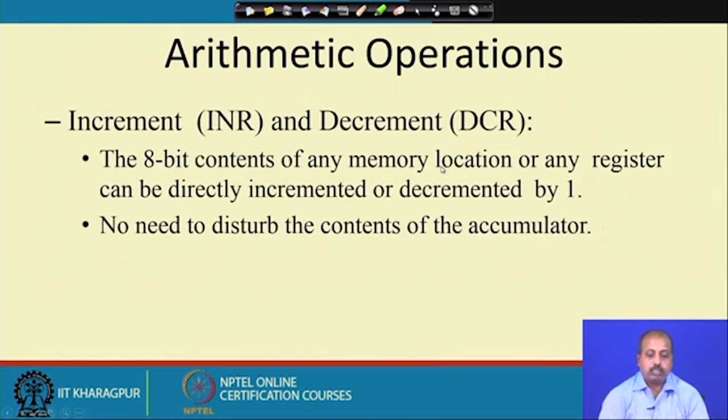So, other arithmetic operations, like the increment and decrement operations. You can do it directly with respect to some register or memory location, and you do not need to disturb the accumulator.